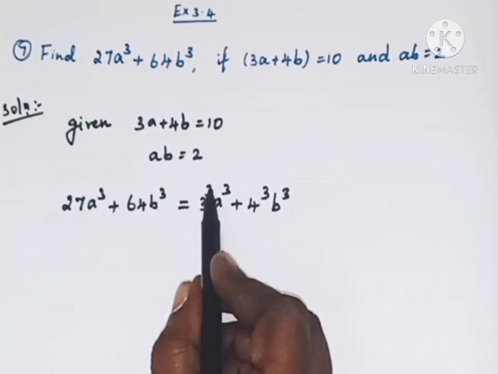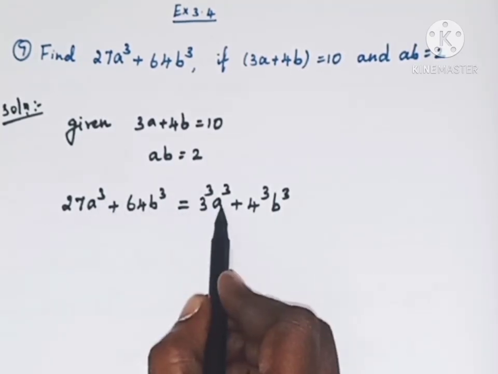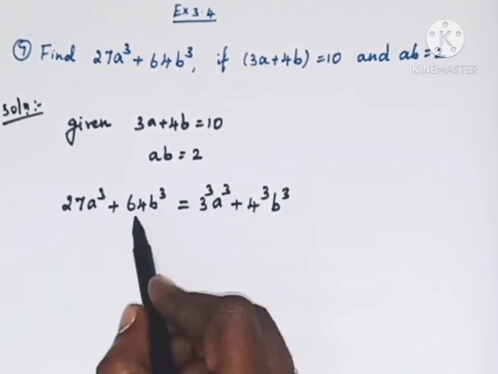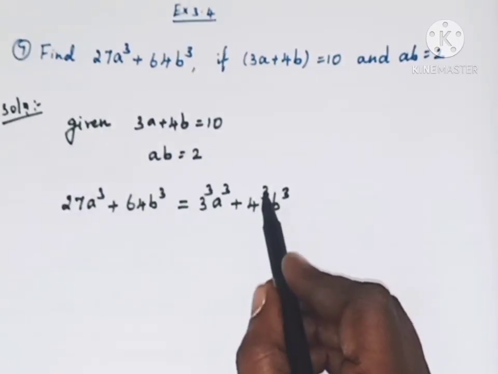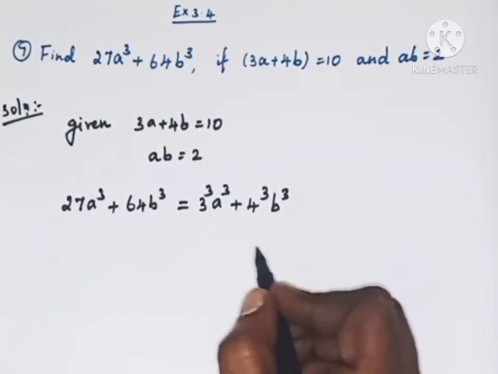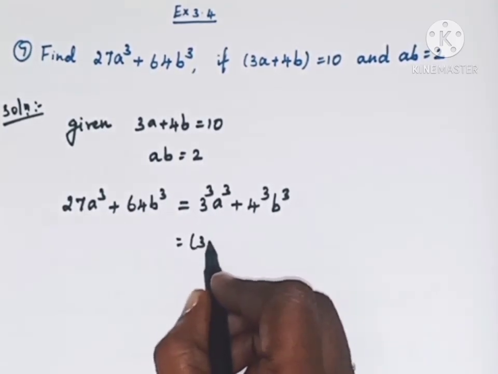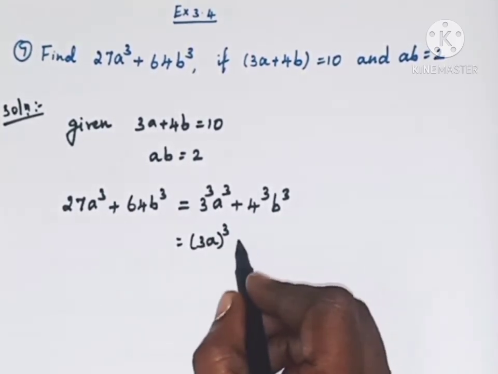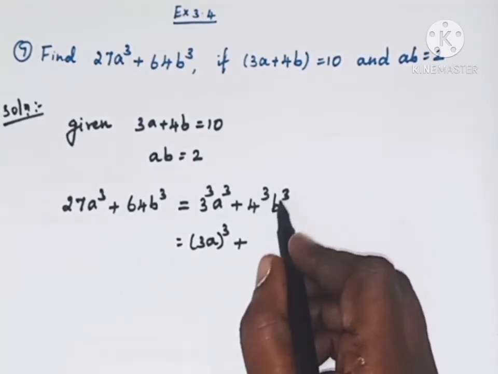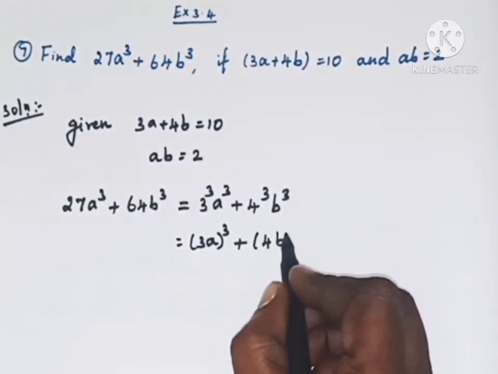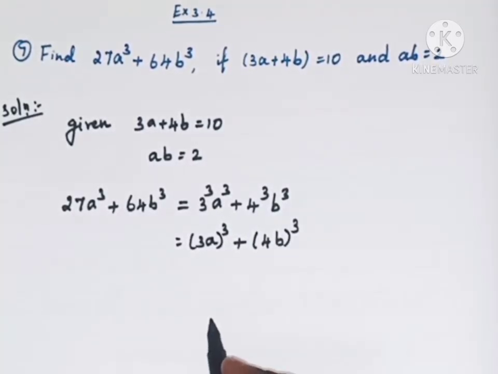27 can be written as 3 cube and this a cube is a cube itself, and plus 64 can be written as 4 cube and b cube. Now 3 cube a cube can be written as 3a the whole cube, plus 4 cube b cube can be written as 4b the whole cube.